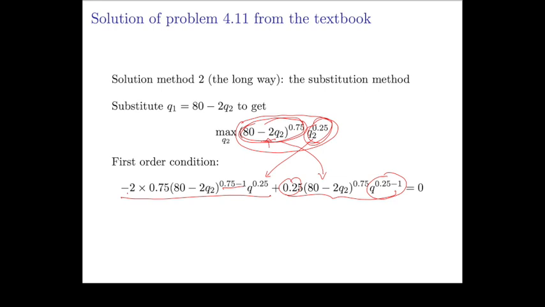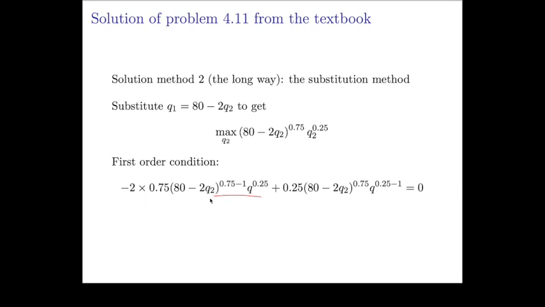Now it looks a little bit messy. It's still a little messy even though we've erased all the markings, so let's clean it up a little more. Now we've got this minus 2 times 0.75, so that's just minus 1.5. Keep the 0.25 here. Now, 0.75 minus 1 is minus 0.25.